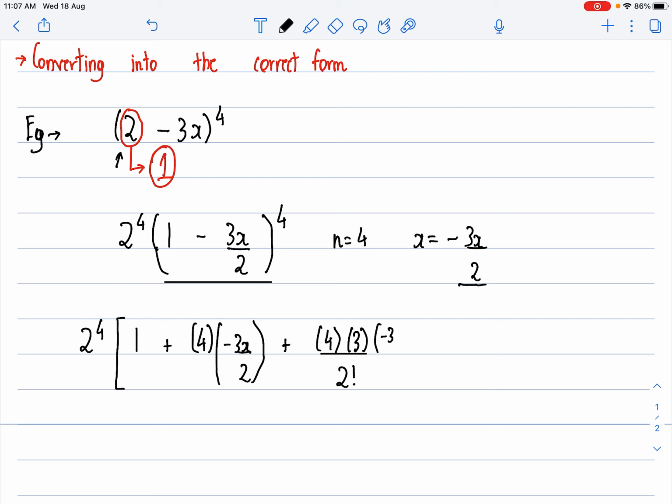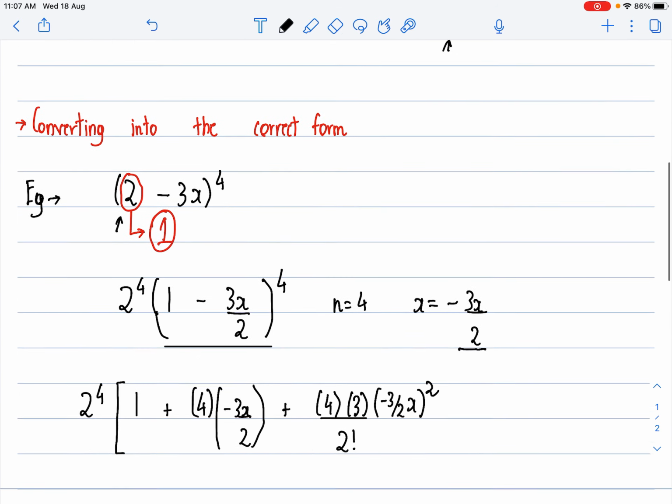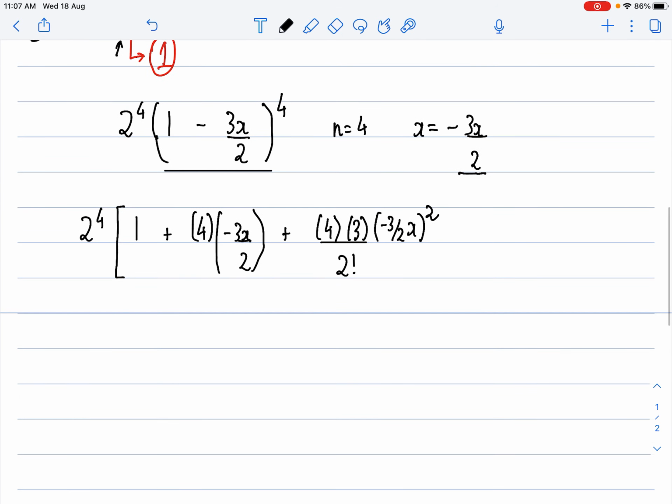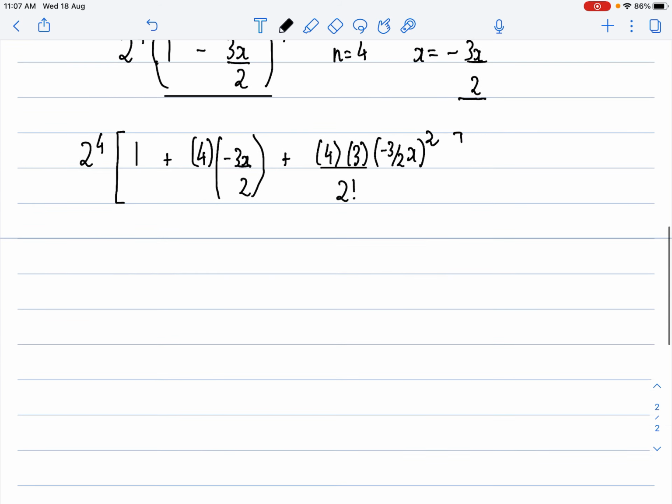In this case, your x is minus 3x over 2, the whole square. This is what you basically get. Let's say if they only ask you till the expansion of x square, then you only need to write it till here.